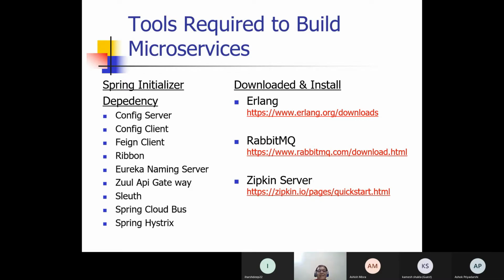This page gives you the technical requirements to build a microservice. These are tools, apart from what we already have, that are required: Config server, config clients, Feign clients, Ribbon, Eureka naming server, Zuul API gateway, Spring Cloud, Spring Sleuth, and more.